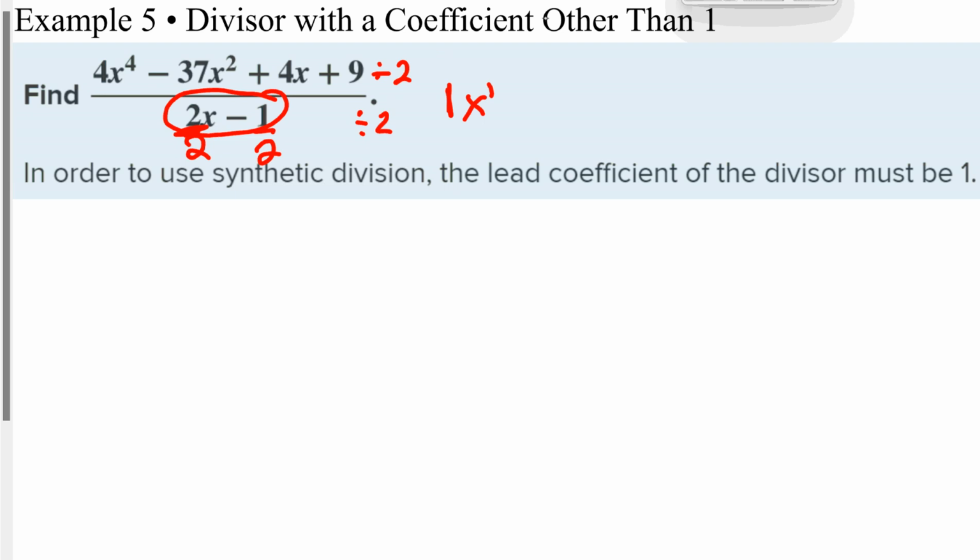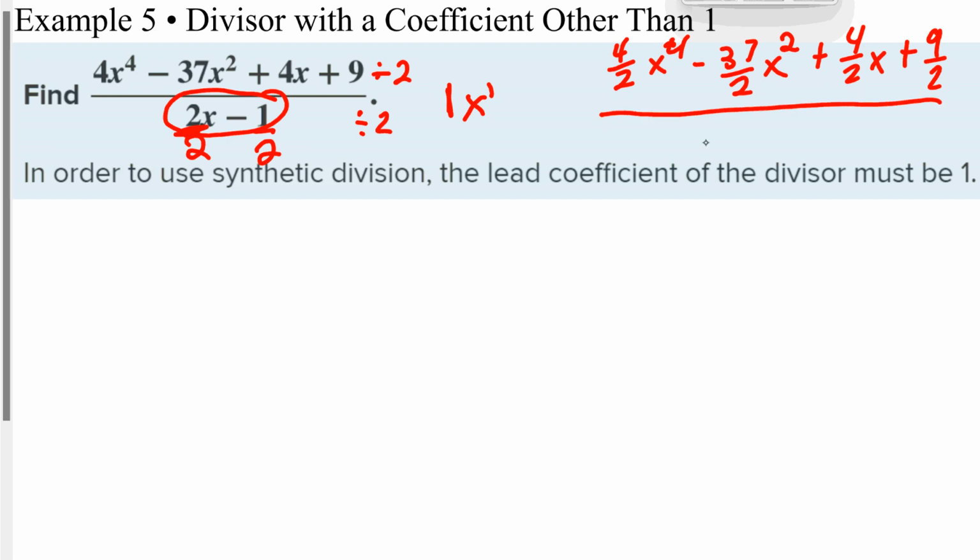So I divide everything by 2, and I get 4 over 2, which is 2, of course, x to the 4th minus 37 over 2, which sucks, x squared plus 4 over 2, which is fine because that's 2, and then 9 over 2, which sucks, but of course this is an example, so it's going to work out nicely, right?